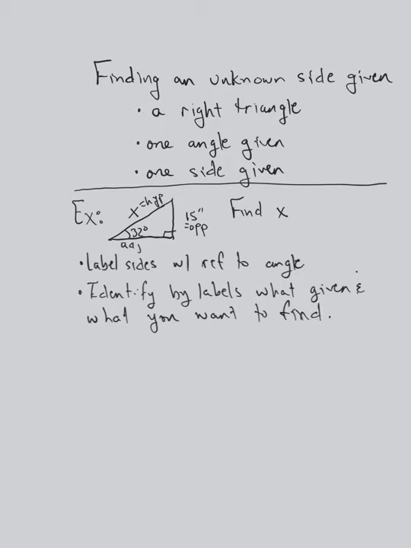Notice that we're given the opposite side. And what are we trying to find? We're trying to find the hypotenuse. This is very important right here. Some people try to shortcut the process and then they make mistakes. They end up using the wrong trig function to solve the problem.